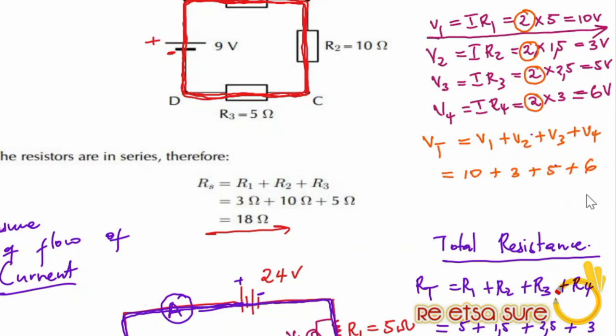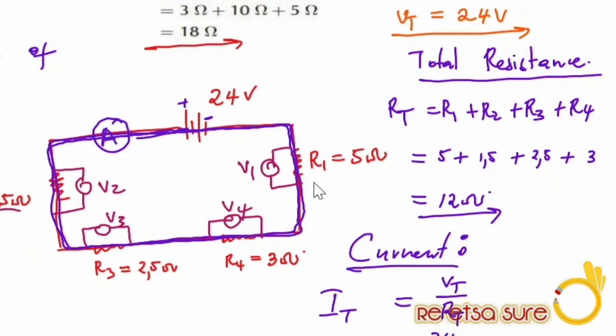Our V4 is 6. So when you combine these, you will get your VT as 24 V. So this simply tells us that the V here plus V here plus V here plus V here must give us the V of the battery. Because as you can see, this V here is still the same as that V there.